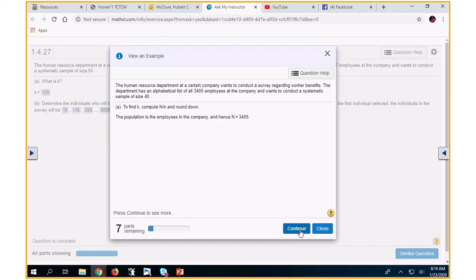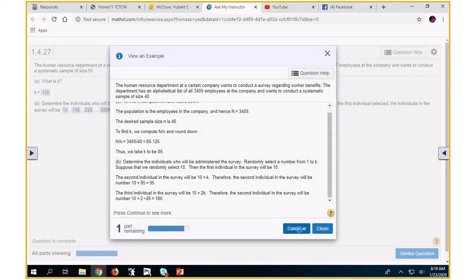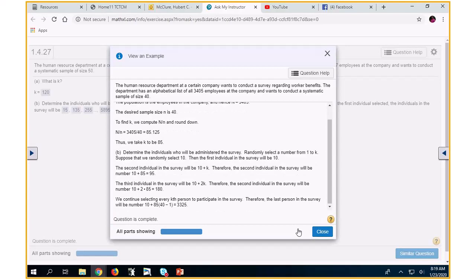We know that big N is the big number and little n is the little number. They're supposed to give you the formula, but they didn't. Okay, well, there it is. The first one is N, and then 10 plus K, and then 10 plus 2K. So there is the formula right there.